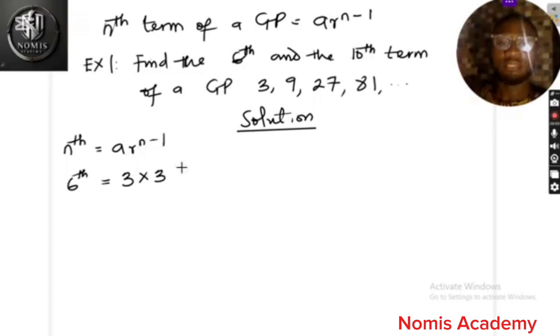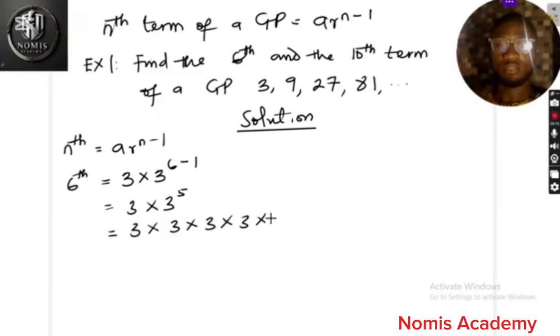Now n, the sixth term, minus 1. So we now have 3 times 3 raised to the power of 5. So this is 3 to the power of 6, right? So you can just say 3 times 3 times 3 times 3 times 3 times 3.